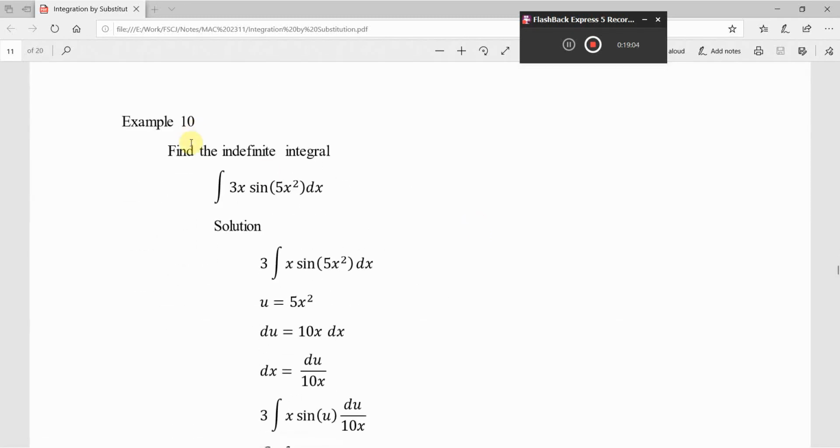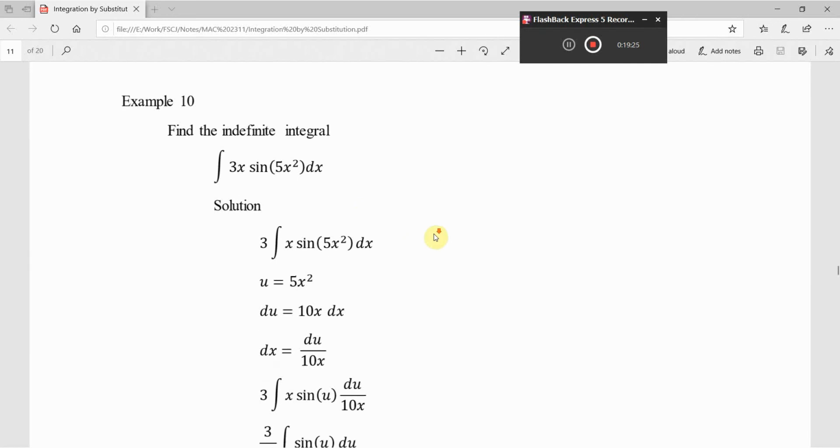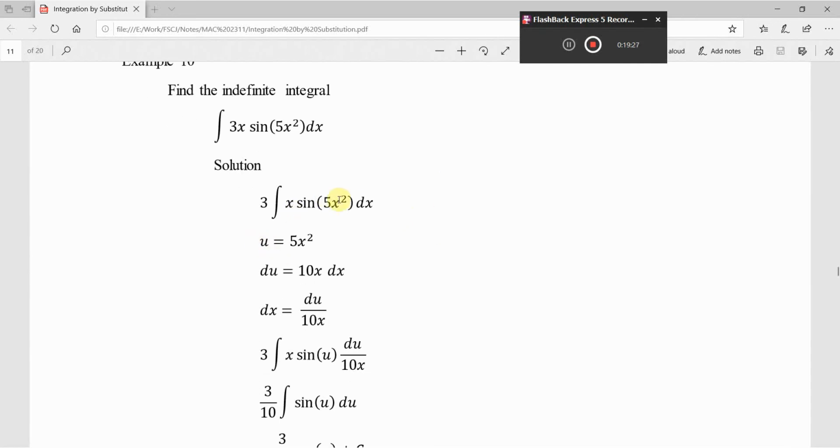All right, example 10. Find the indefinite integral. So I have the antiderivative of 3x times the sine of 5x squared dx. All right, my solution. Well, the first thing, that coefficient, I'm going to bring that coefficient outside my integral. I'm going to let u equal to the stuff that's inside my grouping symbol.